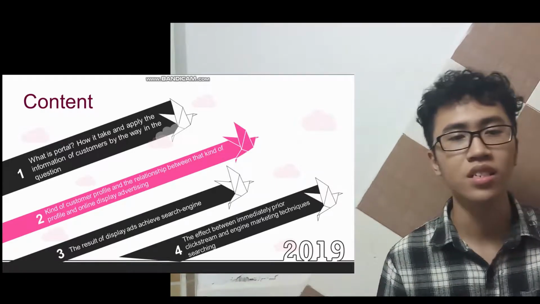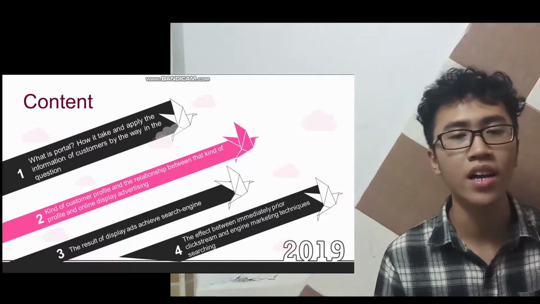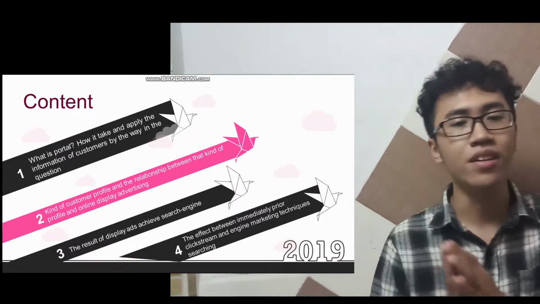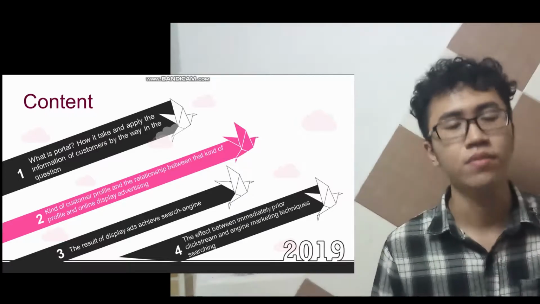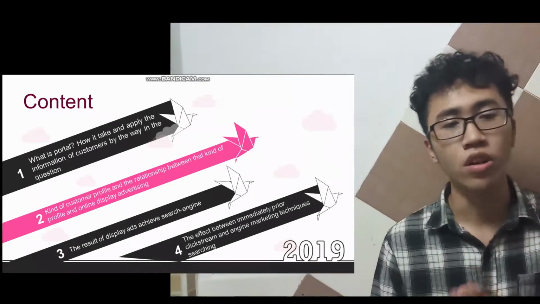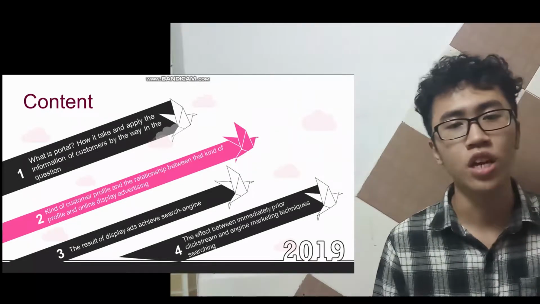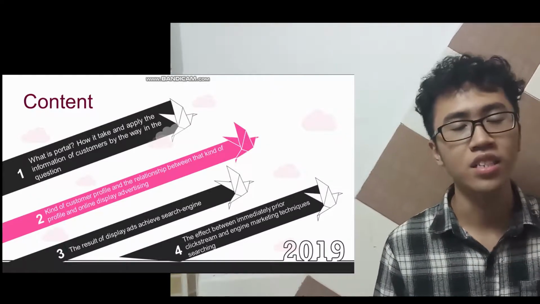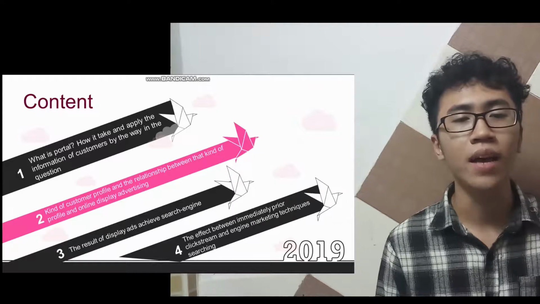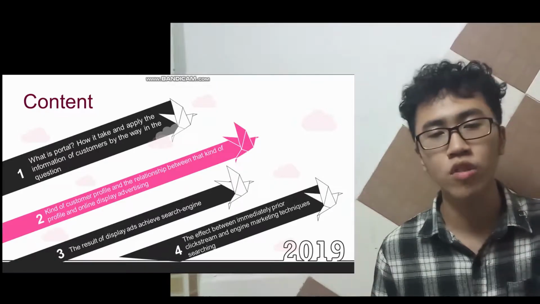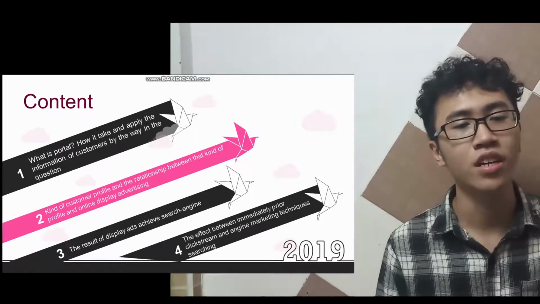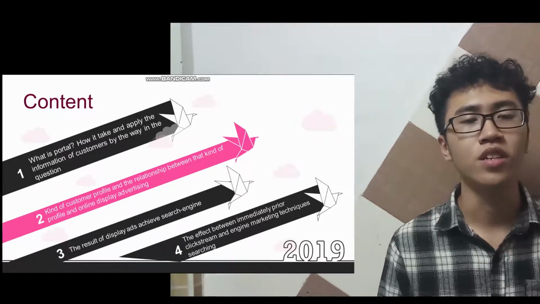The second part is the customer profile and the relationship between that kind of profile and online display advertising. The third part is the result of display ads achieved in the search engine. And the final part is the effect of immediately prior clickstream versus search engine marketing technique. So you can have a vision in this slide.